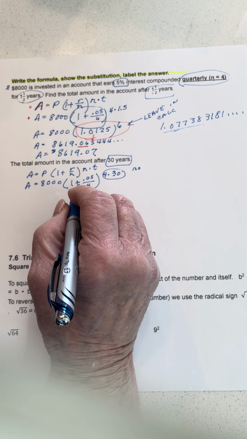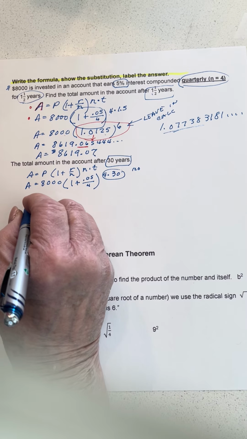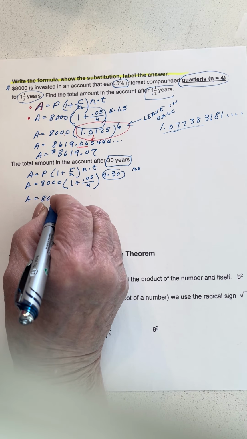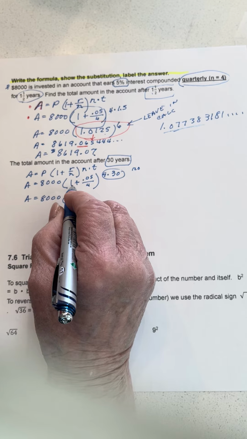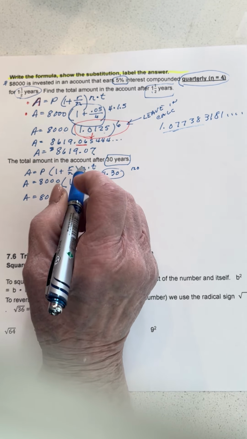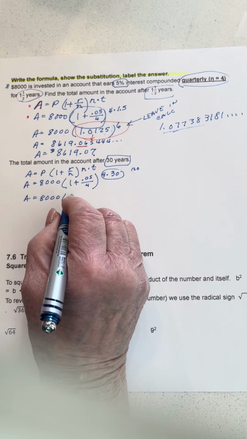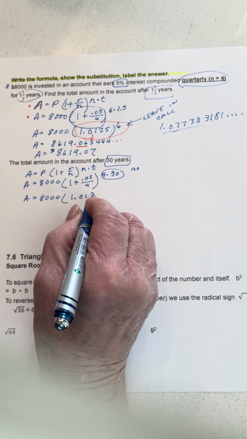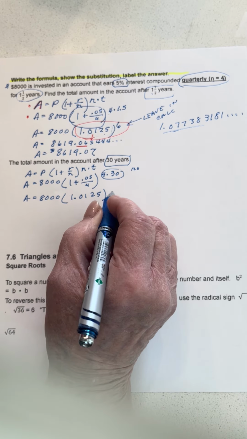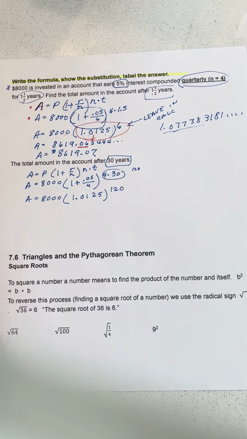And again, this is going to be 8,000 times 1 plus this, which is going to be this. But we're taking it to the 120th power.